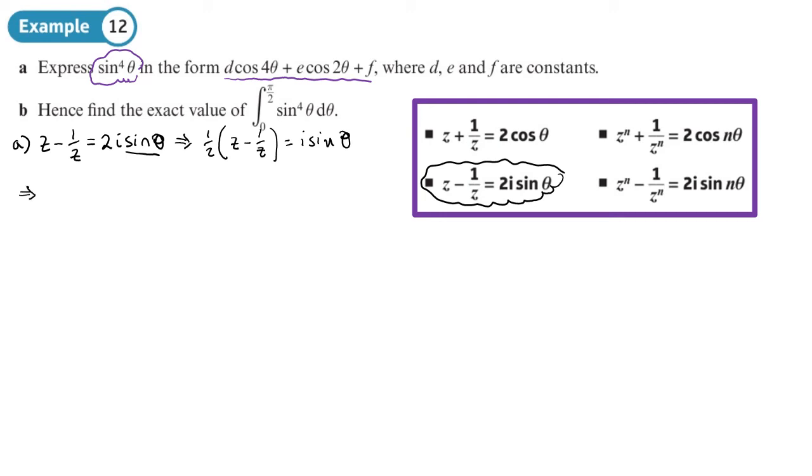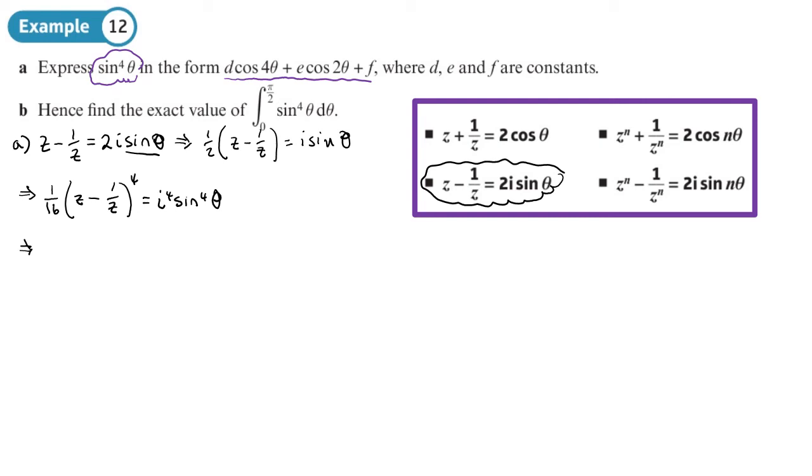So we'll get half to the power 4, which is 1 over 16. Then we'll get the z minus 1 over z to the power 4. And then we'll do power 4 the other side, so you'll have i to the power 4 sine to the power 4. Okay, now i to the power 4 is just 1, square root of minus 1, squared and then squared again. So you just end up with 1.